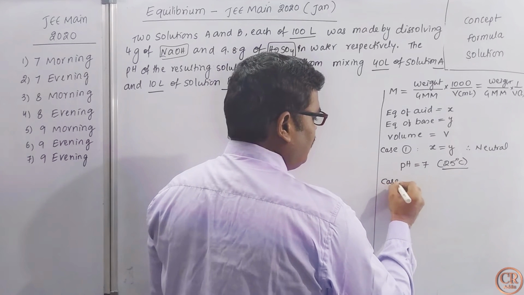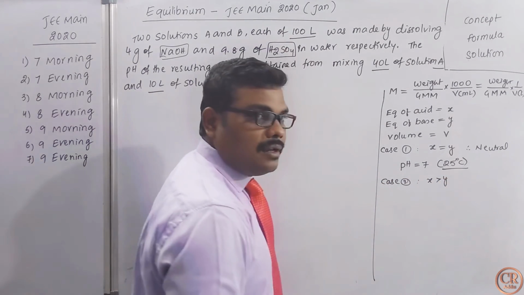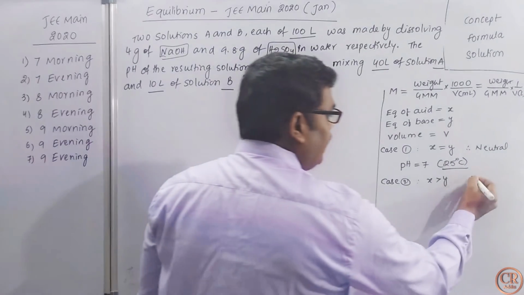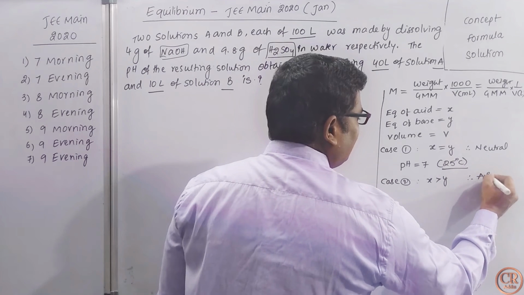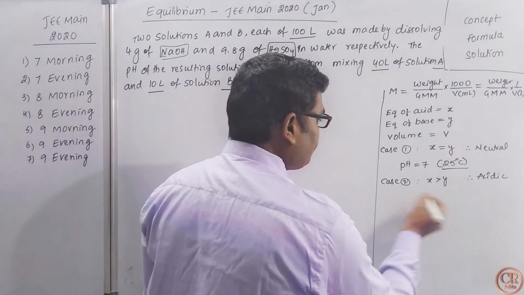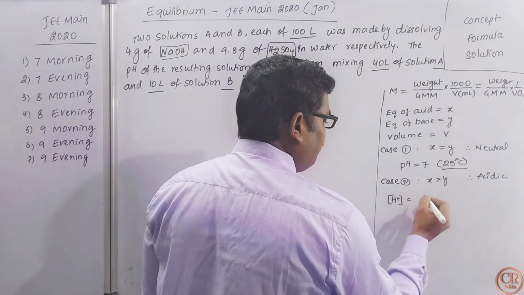Second possibility, case 2. If X is greater than Y, means equivalence of acid greater than equivalence of base, then nature of the solution is acidic. If nature of the solution is acidic, then H plus ions are present in the mixture.